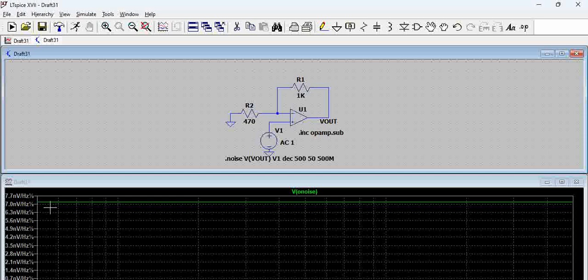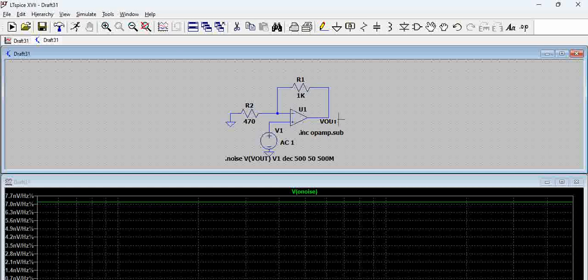What does nanovolt per square root hertz actually mean? This is nothing but the noise spectral density, the power spectral density. For a given bandwidth, the amount of noise power present is indicated by the noise power spectral density.